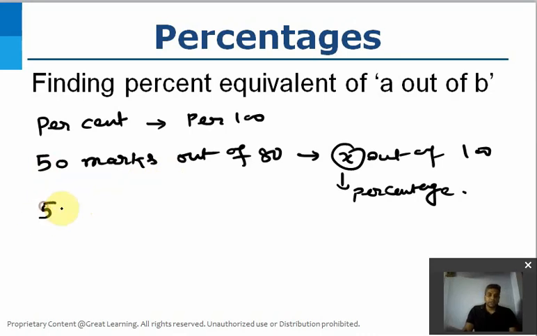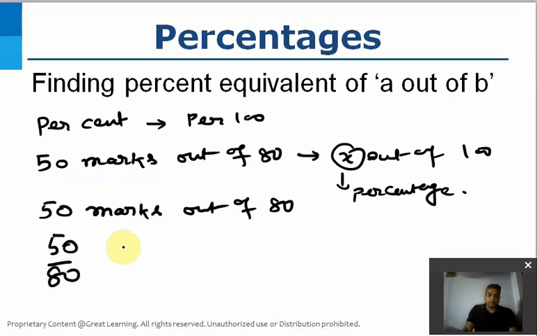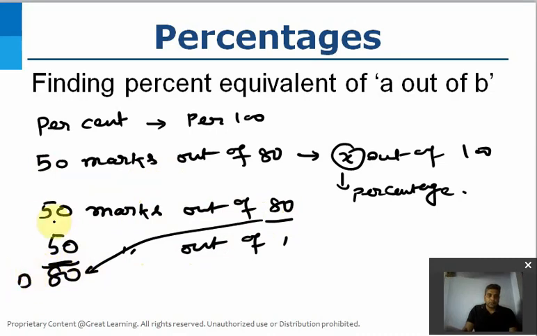How to convert a scenario in terms of fraction? So 50 marks out of 80 is 50 by 80. Always remember your out of part will come to the denominator, and the 50 marks, the marks you have scored, will come to the numerator part. Now when we want to find out of 100, then we say it is percentage.